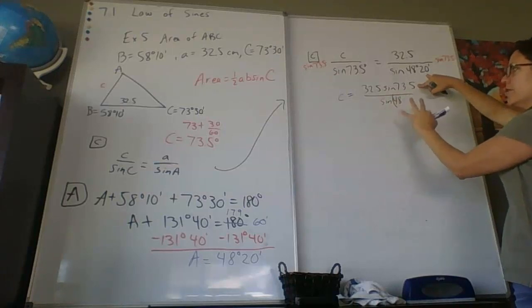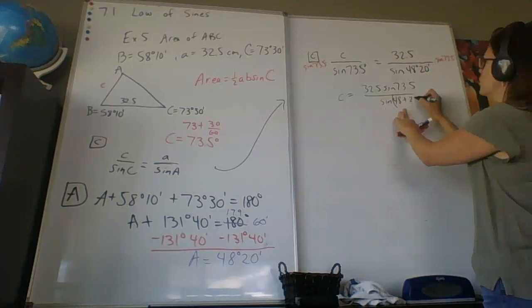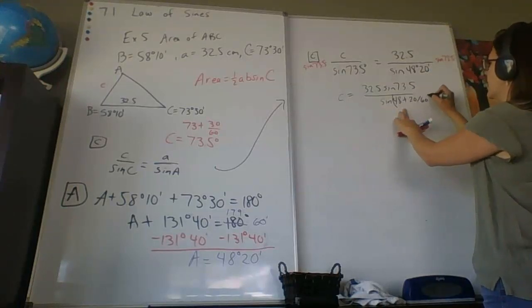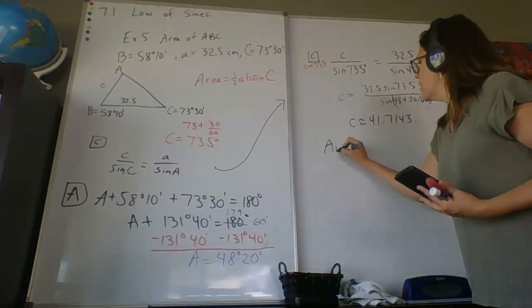My calculator is in degree mode. So therefore I will put 48 plus 20 divided by 60. The calculator now gives approximately 41.7143, but we will keep that in the calculator to use in the area formula.